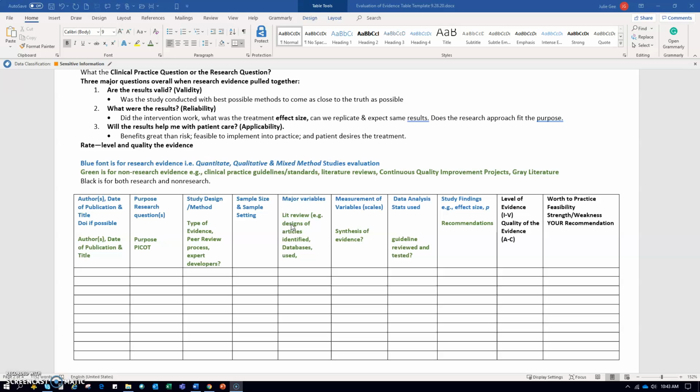So remember, your independent variables are your explanatory, predictor, or covariate variables. Those are the ones being controlled or manipulated by the researcher. And then the DV is often referred to as the outcome variable. That is what is affected by the independent variable. So the measurement of variables, that's your scales, your tools, your instruments, whatever you were utilizing in, say, a quantitative study, what scale were you utilizing to measure your variables?